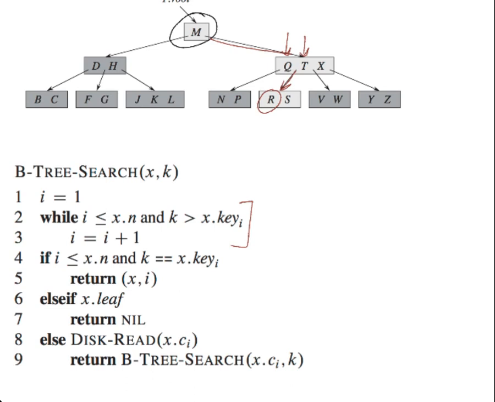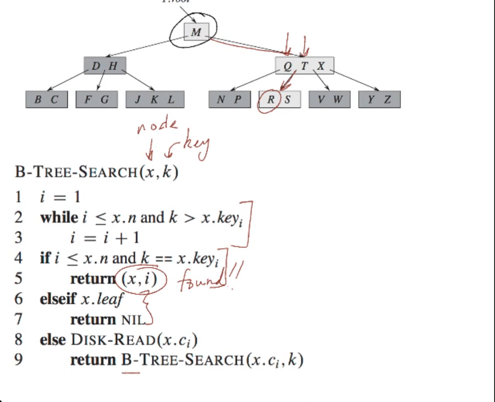Then if the key is equal to that, we're simply going to return the node, and the key. So found, and we return it. Otherwise, if we're a leaf, then it's not found.